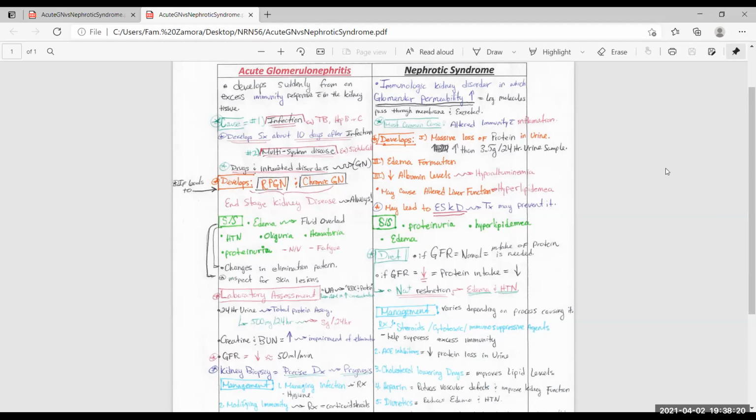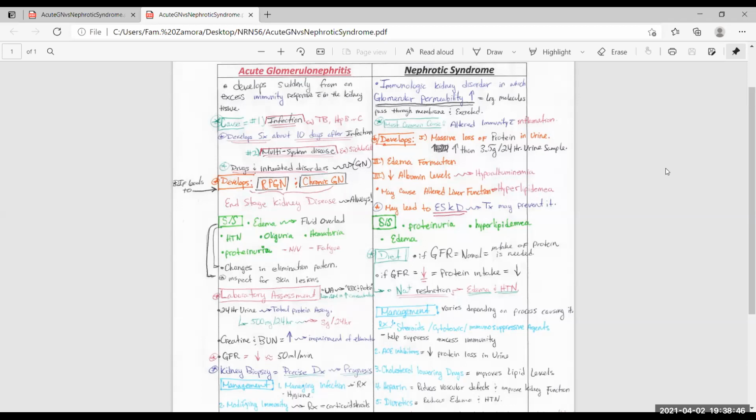So pretty much, I just broke it down, as you guys can see, with acute GN, it develops only from excess immune response within the kidney tissue. The primary cause would be infection, and this was mostly adult related information. I would add on strep as far as the infection, like TB, Heps. These are types of infections that potentially cause acute GN.